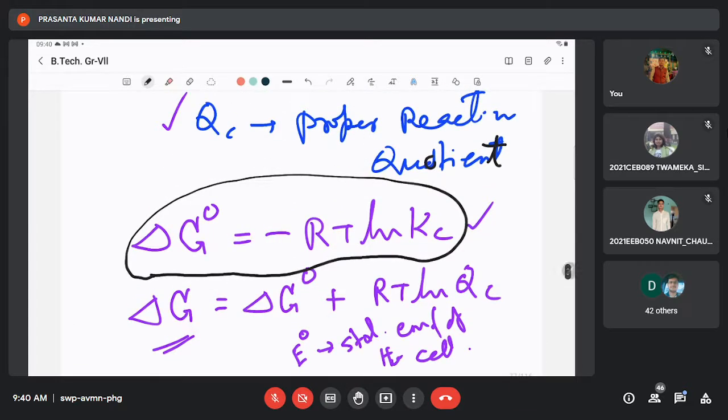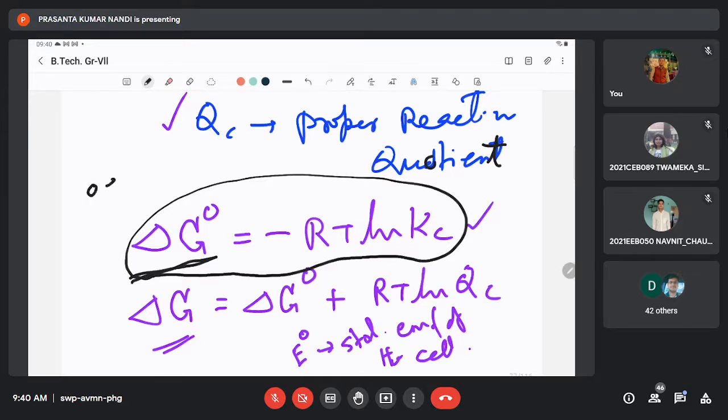Delta G 0 indicates a given pressure, say normal atmospheric pressure, and it is basically a function of temperature. Delta G 0 does not indicate that the temperature is 298 Kelvin.